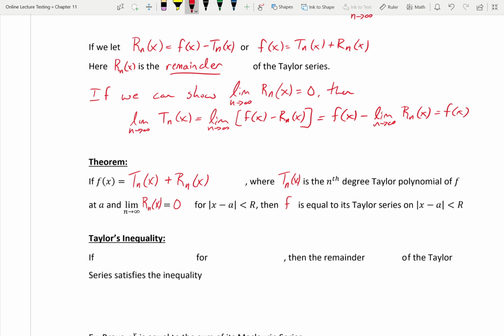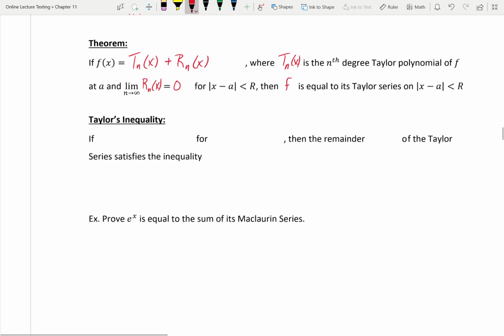And that's it. I say that's it, but then how do we get to the remainder going to 0? This is where Taylor's inequality is coming into play. So these two are going to go in pairs. So if, let's do this with a different color, the absolute value of the (n plus 1)th derivative of x is less than or equal to some big number M. Now this is saying the size of f of x.